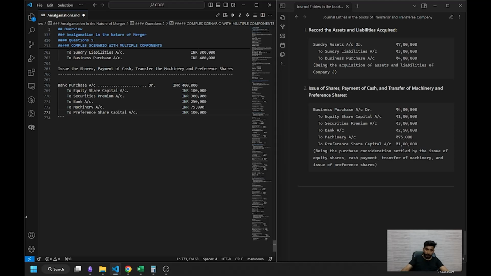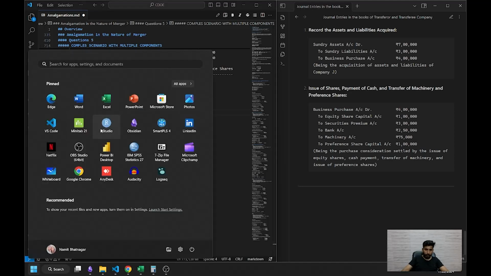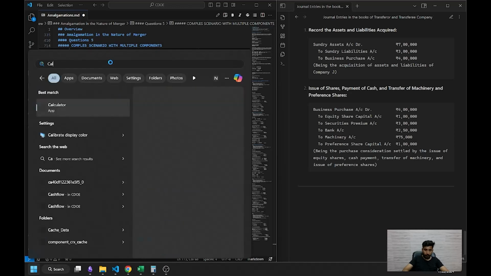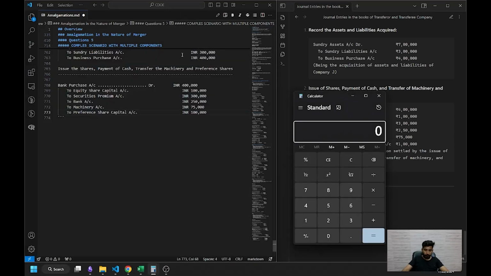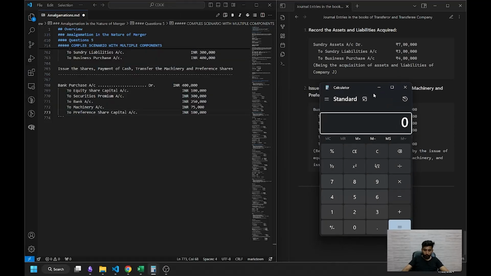Now we add this up. This is not adding up actually. Let me just look at it. 1 lakh plus 3 lakh plus 2,50,000 plus 75,000 plus 1 lakh.